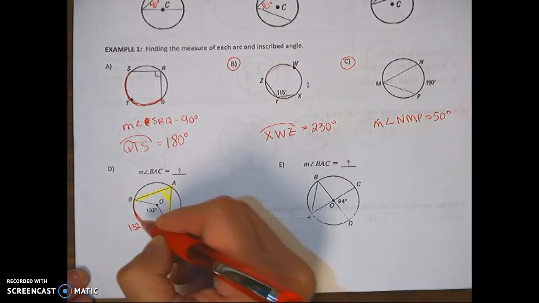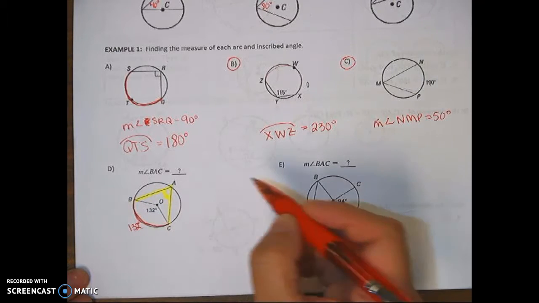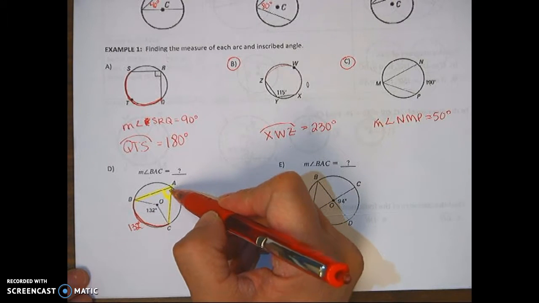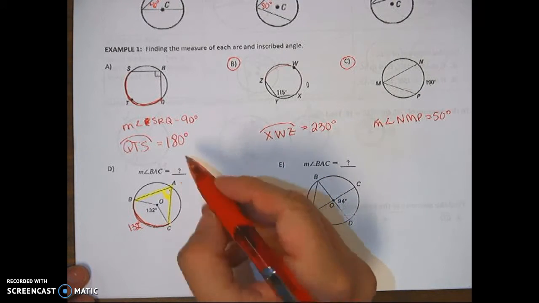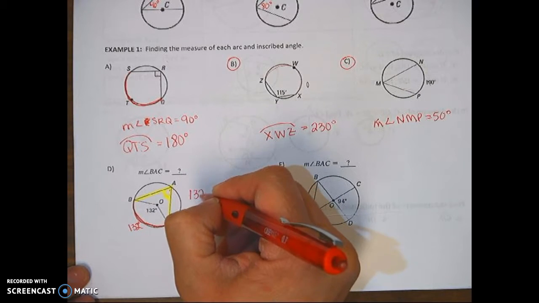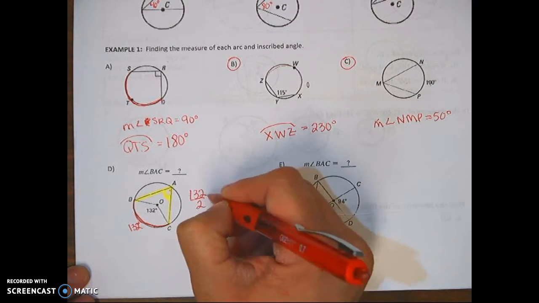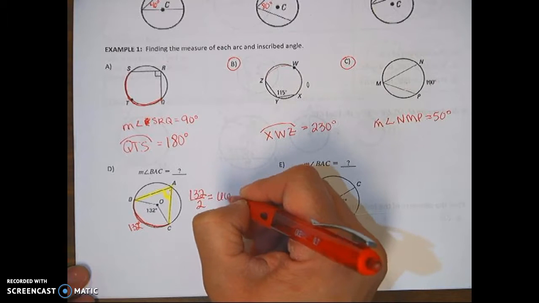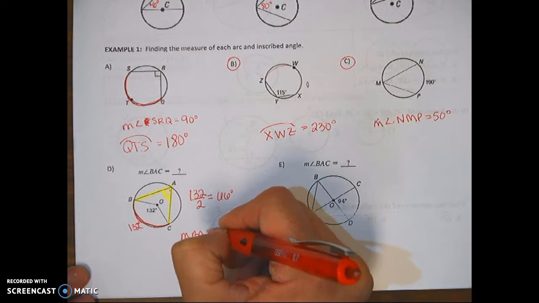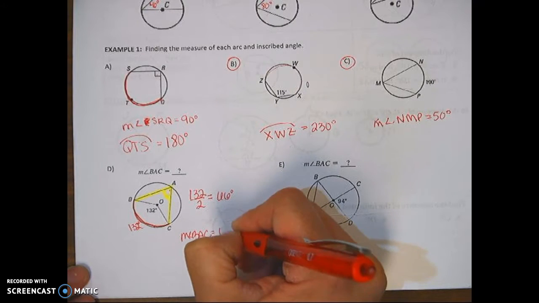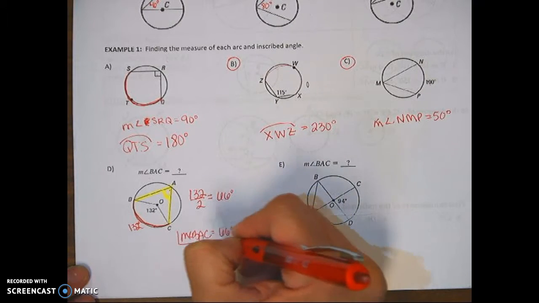So that would be 132 degrees. Now, to go back, the inscribed angle is half of that arc. So the inscribed angle is going to be 132 degrees divided by 2, which is 66 degrees. So the measure of angle BAC is 66 degrees.